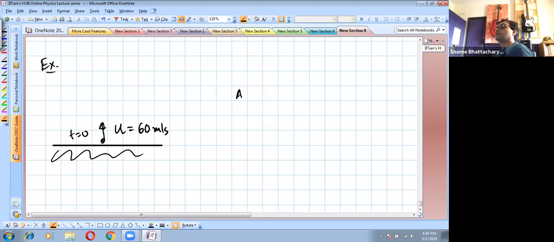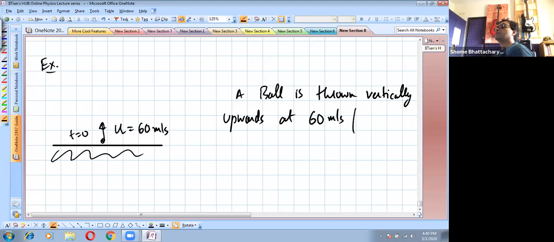So a ball is thrown vertically up at 60 meters per second from the ground at t equal to 0. Okay. Take the value of g to be 10 meters per second.